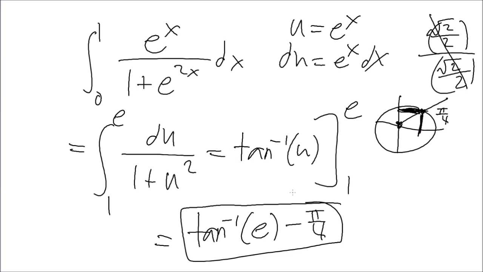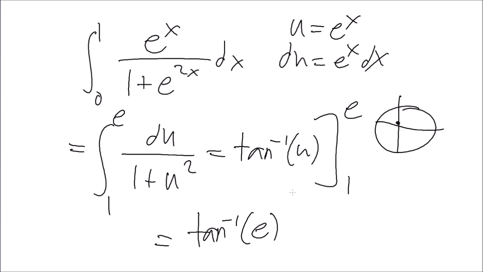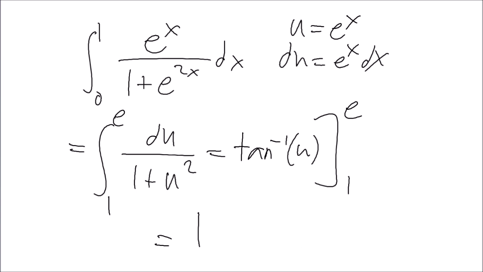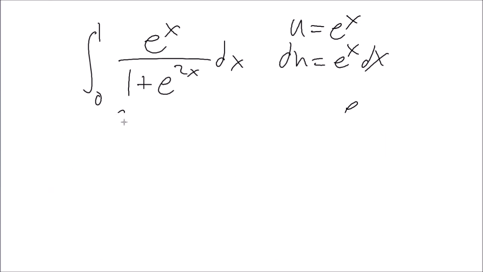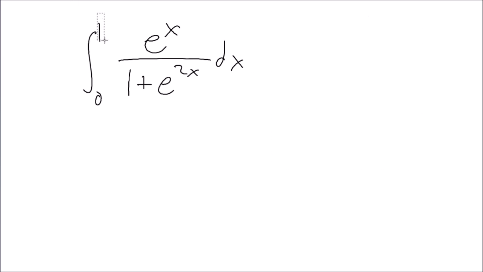Okay. Now, the reason why I wanted this to be infinity, I can just demonstrate that to you right now. Why did I want this to be infinity? Because the answer would be, well, you know what? Let me just show you.